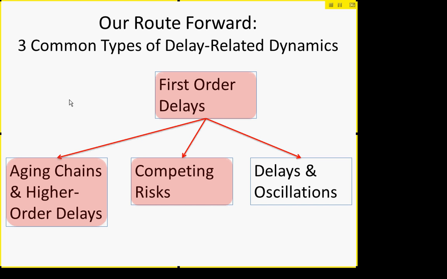But these are kind of the individual Lego blocks, as it were, when it comes to system dynamics models. They're certainly one of the main Lego blocks out of which we build these system dynamics models. Could anyone mention to me some characteristics we discussed about first order delays?